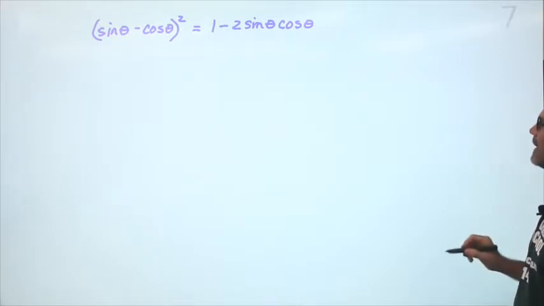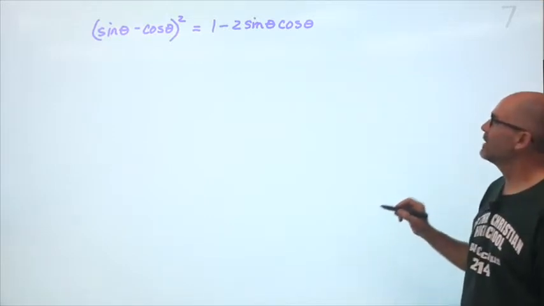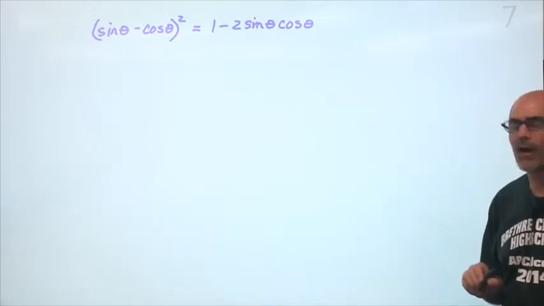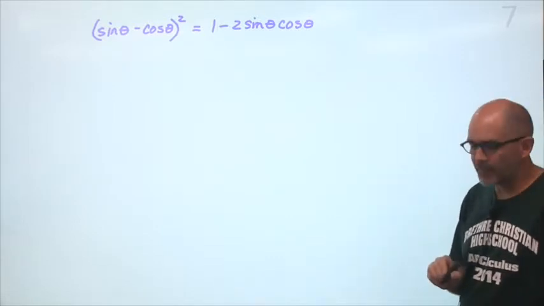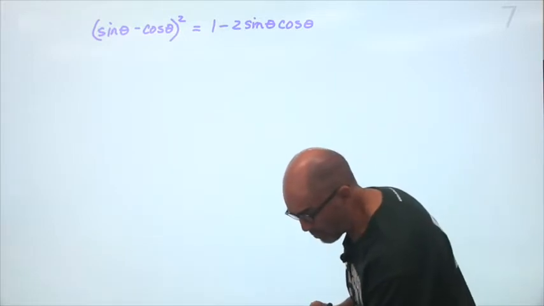All right, sine theta minus cosine theta quantity squared equals 1 minus 2 sine theta cosine theta. All right, now we have to remember some algebra. Remember algebra?